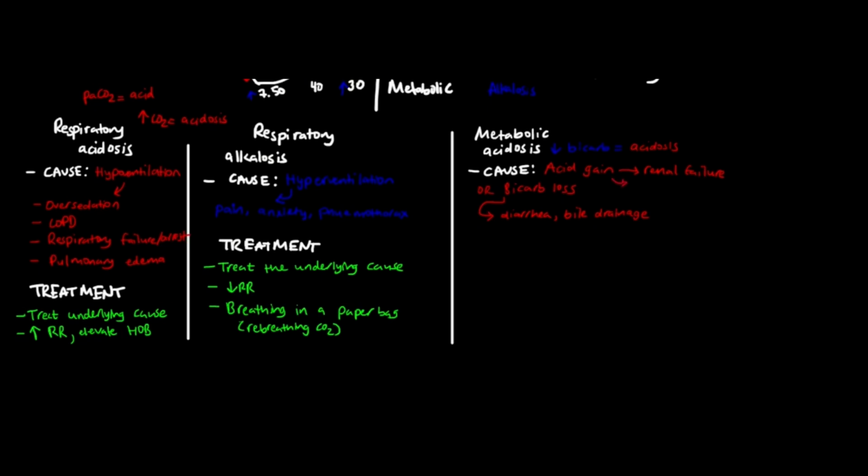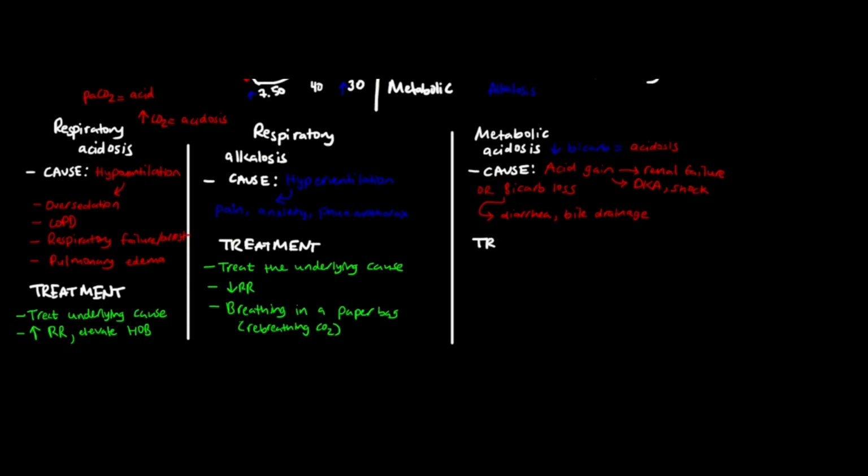Additionally, if someone is in a state of DKA or diabetic ketoacidosis, or if they're in a state of shock, that is also going to increase the amount of acid that is within their blood, putting them in a state of metabolic acidosis.